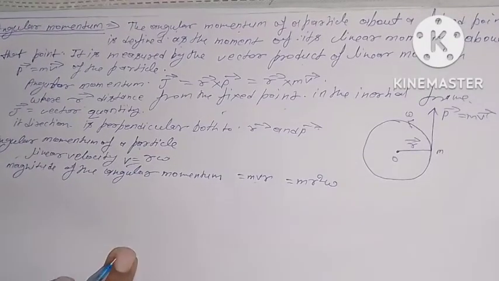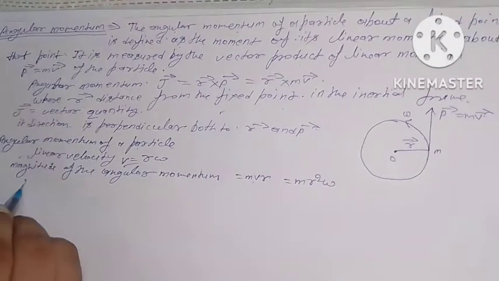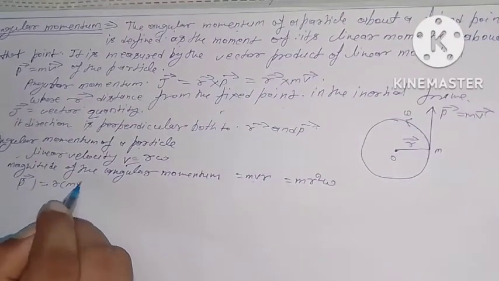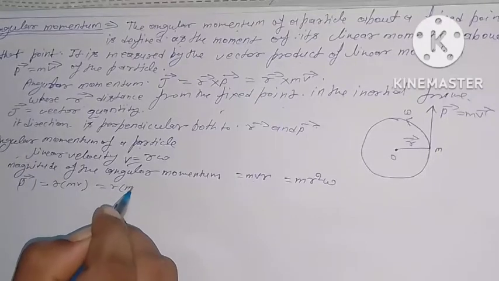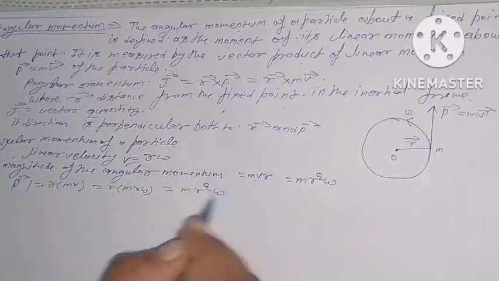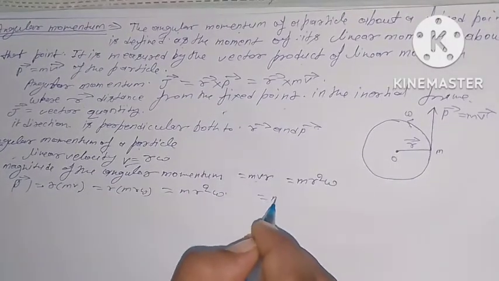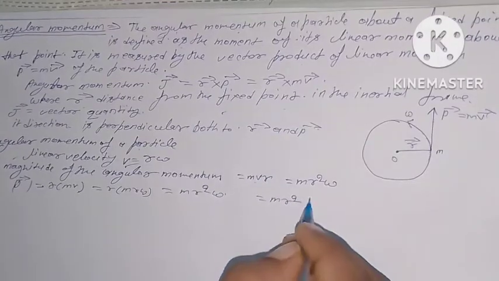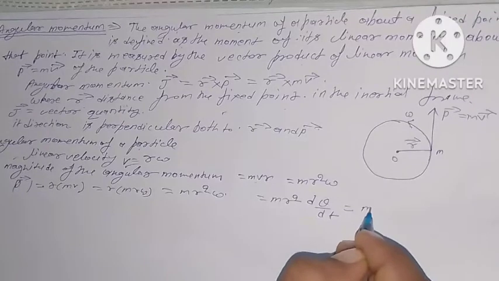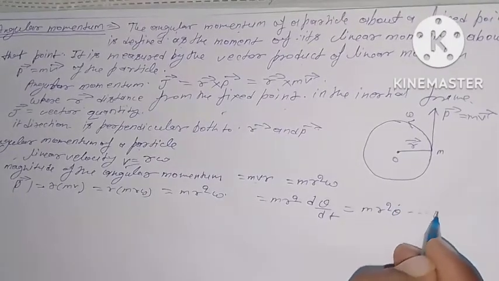In the general case also, the magnitude of the angular momentum of a particle is given by J equal to r mv equal to r m r omega equal to mr square omega. But mr square omega equal to d theta by dt equal to mr square integration of theta. This is equation number one.